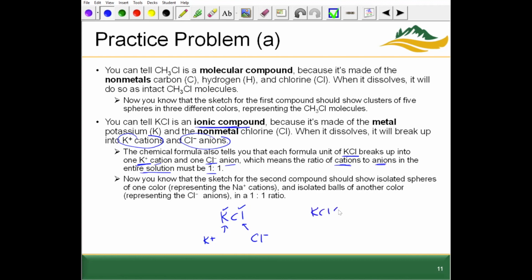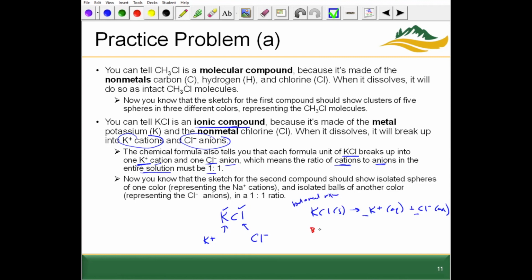For a balanced reaction, this would look like K+ aqueous and Cl- aqueous. There's a 1 molar coefficient here and a 1 molar coefficient here. That's implied. This is a balanced reaction.